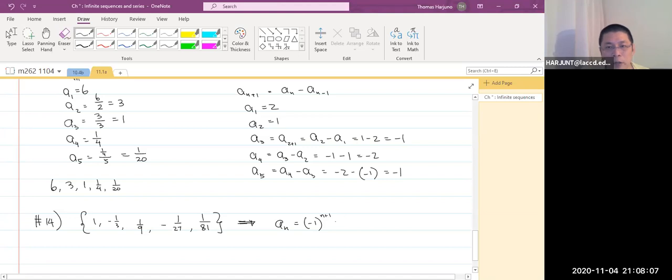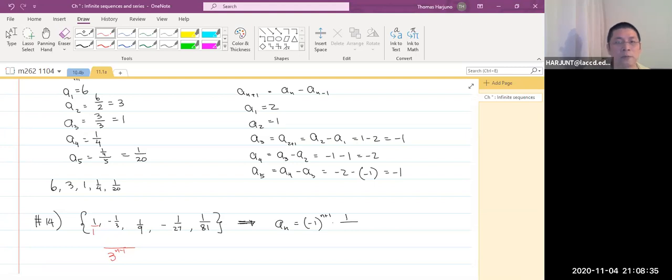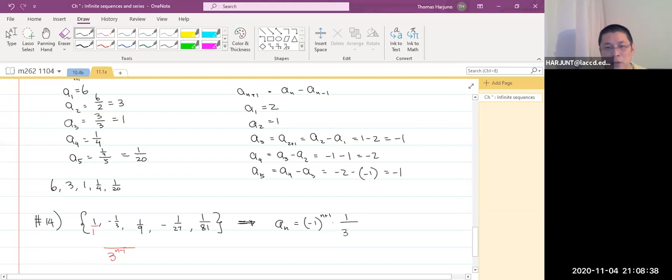Okay, now the numerator is always 1. The denominator, you can see this as over 1, 3, 9. So the base, you keep on multiplying by 3, right? That's kind of like 3 to the n on the denominator. But I need to start from exponent 0, so I minus 1 here. So I get 3 to the power of n minus 1.